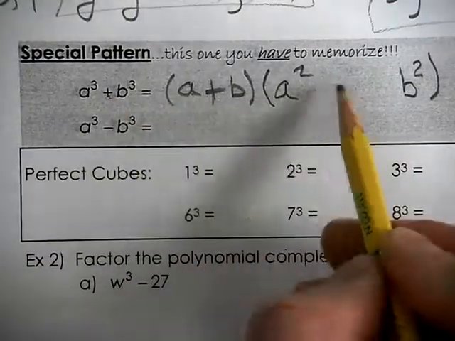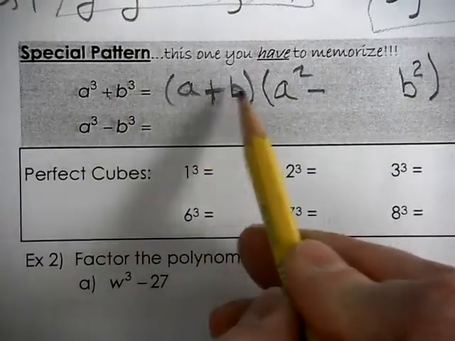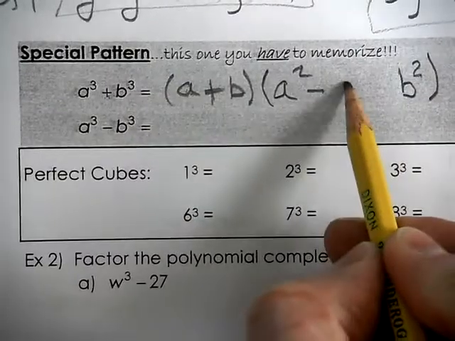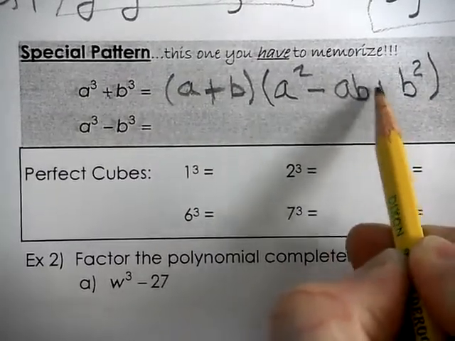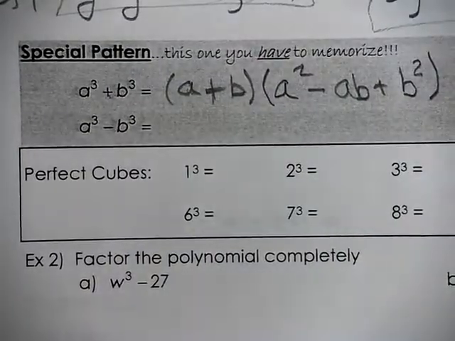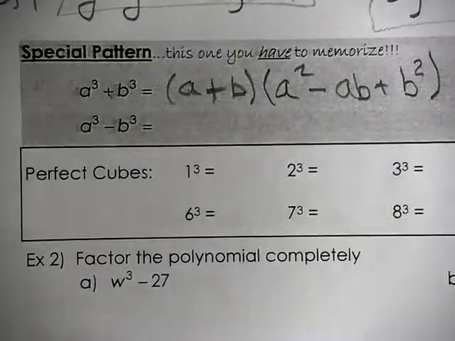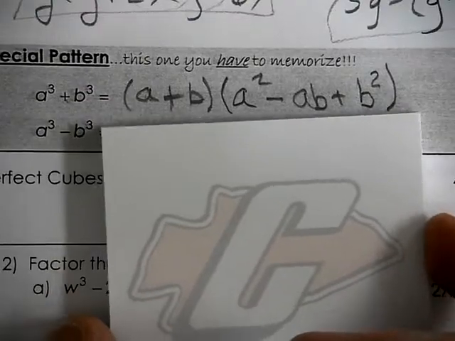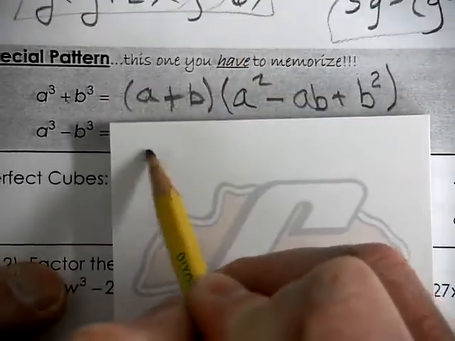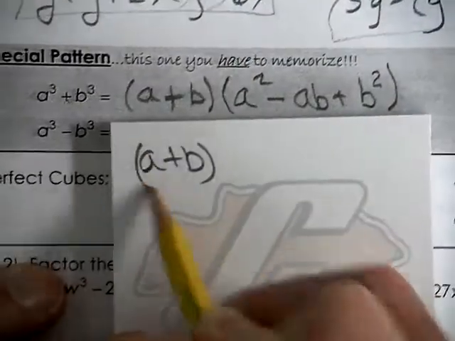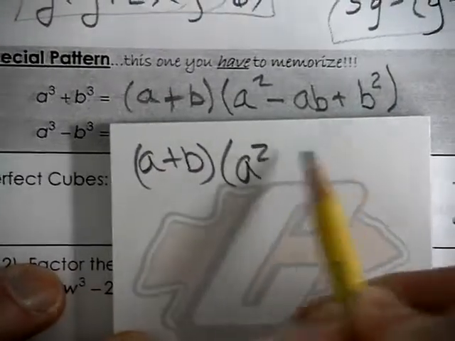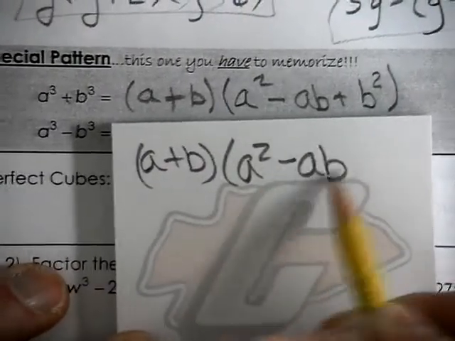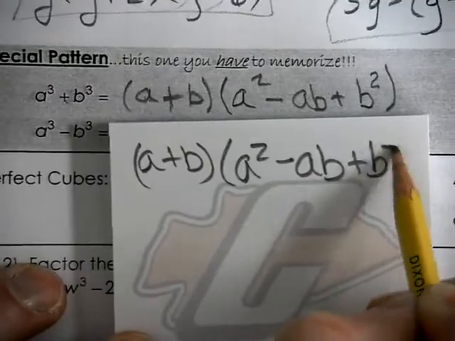So what we're going to have to do is change our sign and multiply the 2 together. And I'll show you how that makes this work out. So if we multiply this together, A plus B times a squared minus ab plus b squared.